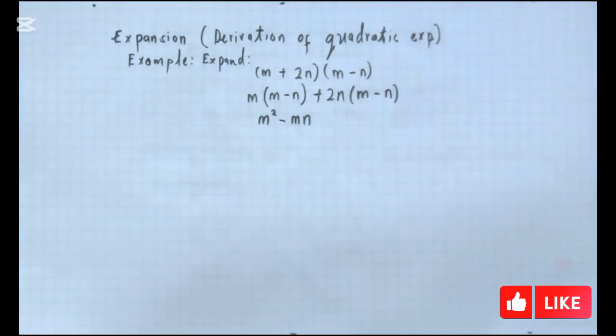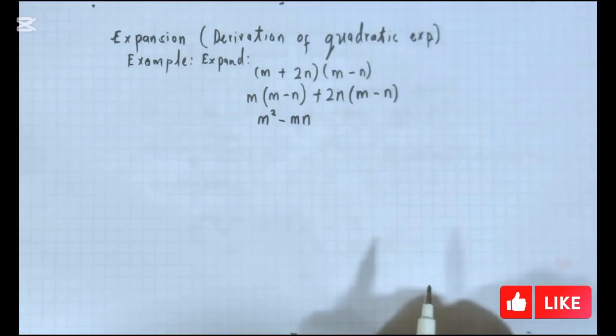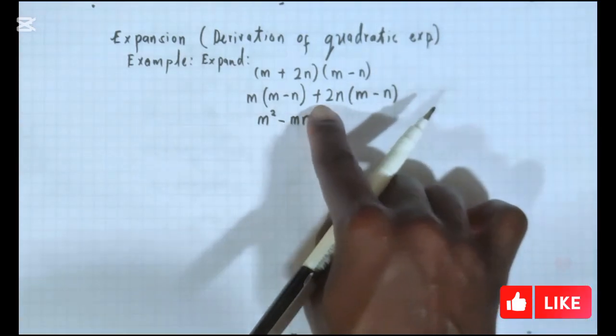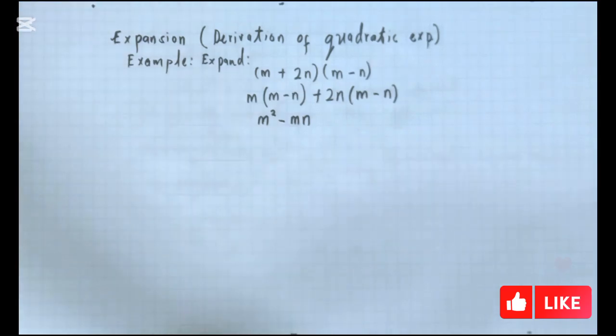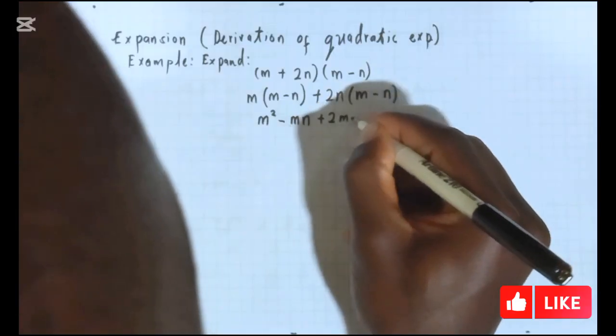All right, minus mn. So we've expanded the first bracket, and now we go to the second bracket. It's going to be 2n times n, and so that's going to be plus 2mn.